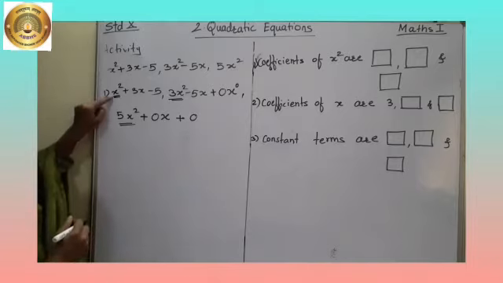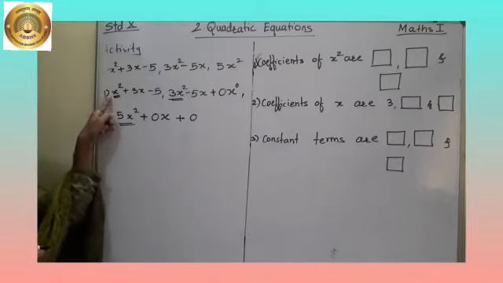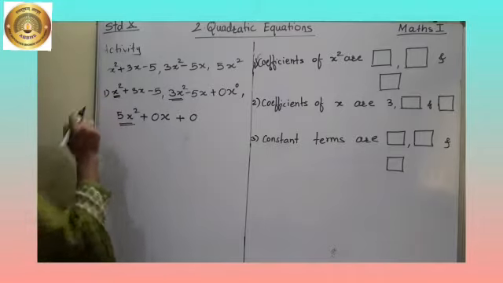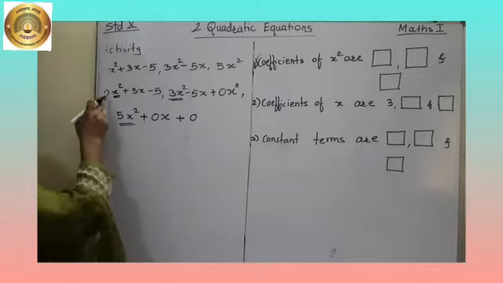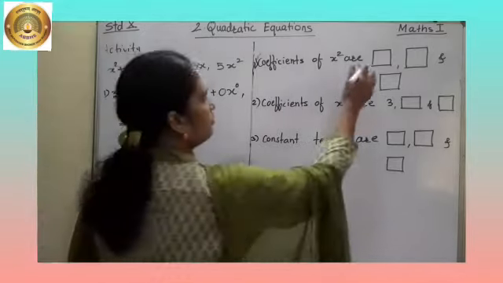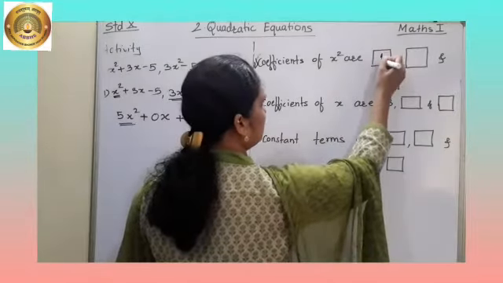So here along with this x square, no number is there. That means there is the number 1, because 1 multiplied by any number is the same number or itself. So here 1 into x square is x square. So the coefficient of this x square will be 1.